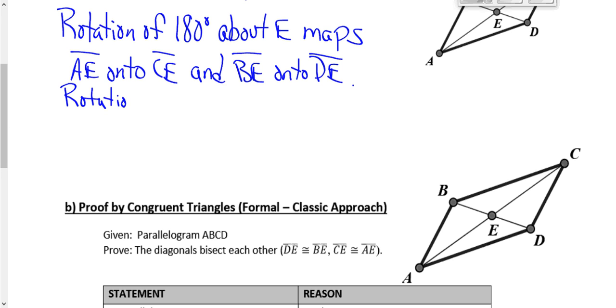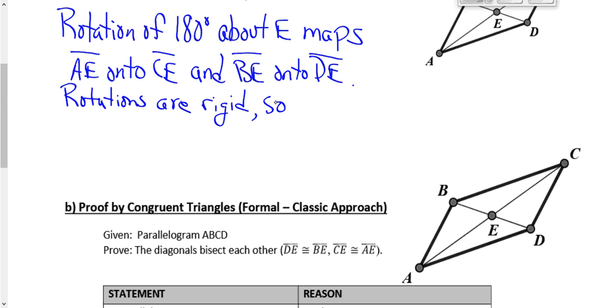Rotations are rigid, so what? What can I conclude about these mappings then? We got to prove. We just said something's congruent if they're bisected, right? These all mapped onto each other, so what can we say? Well, I'm not going to write the word congruent.